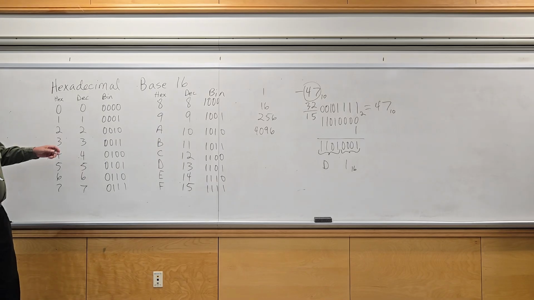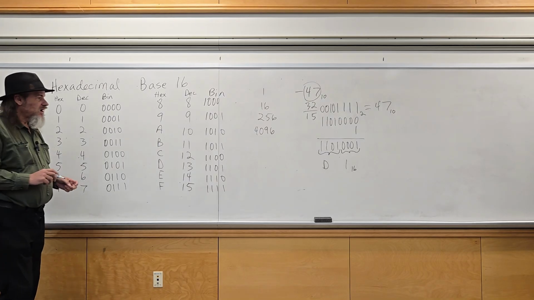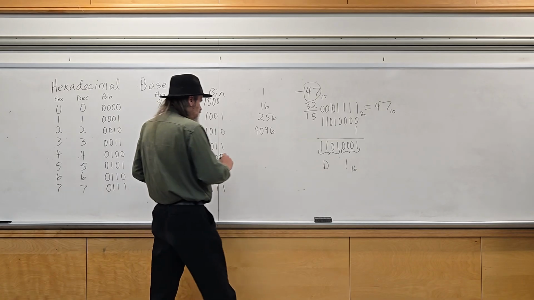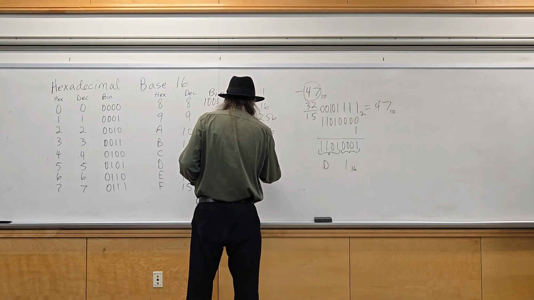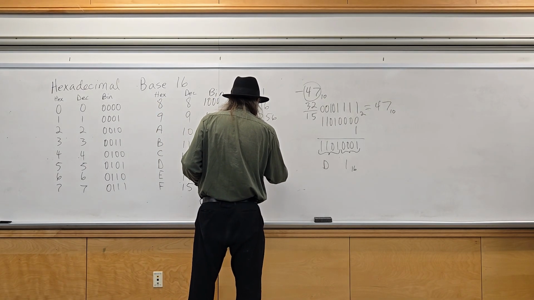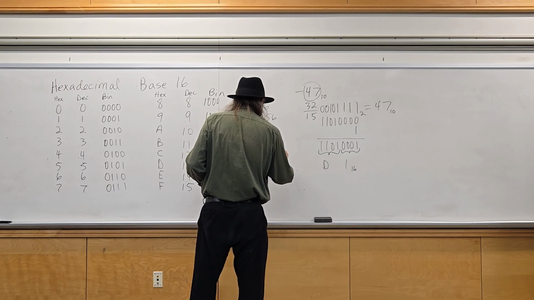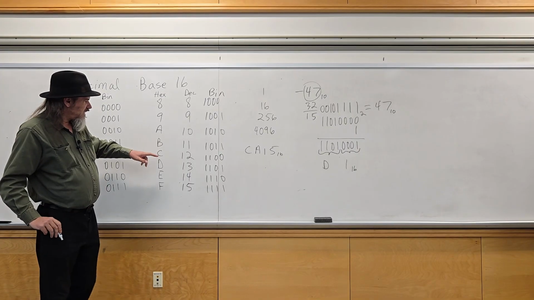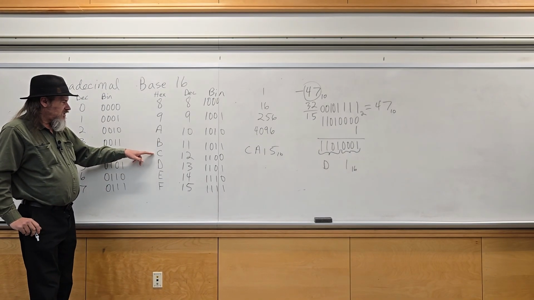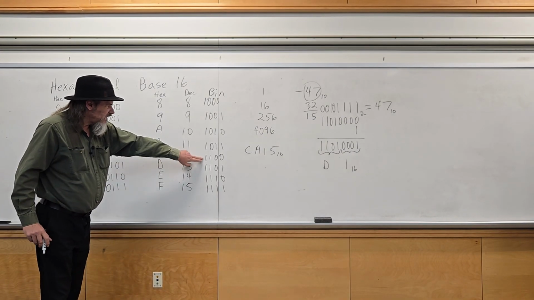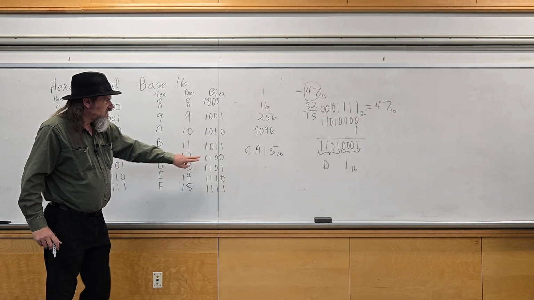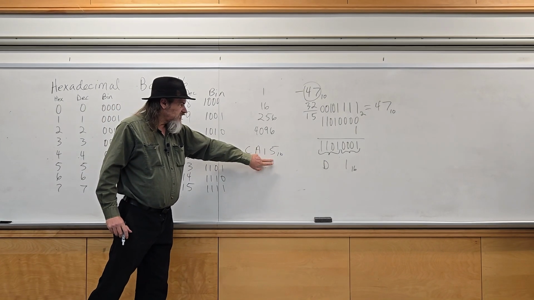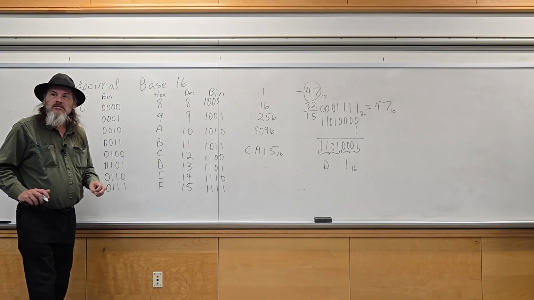But say CA15 in base 16. C has a leading 1, so this would be a negative number in base 10.